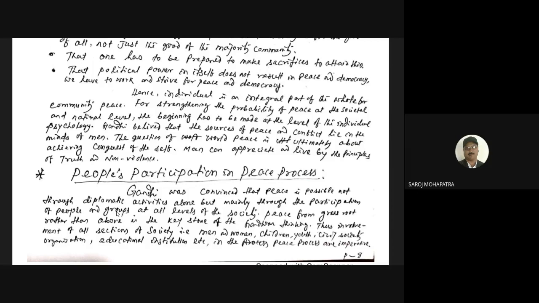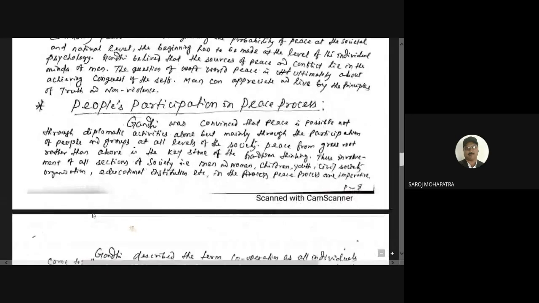So here is the Gandhian idea that community peace can be achieved through mutual understanding and equal opportunity, and some people of this community should be prepared to sacrifice, and particularly through the principles of truth and non-violence the community peace can be achieved.